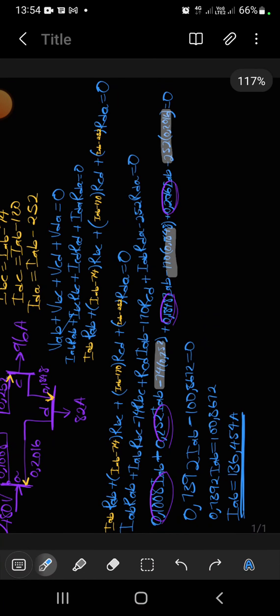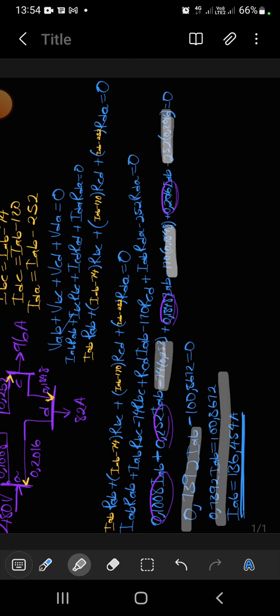So I did them together, they gave me 0.7392 AB. And then where I highlighted with gray, I got negative 100,8672 transpose divided by the coefficient of AB, and then I got 136,454 amps. So that's our value of AB now.